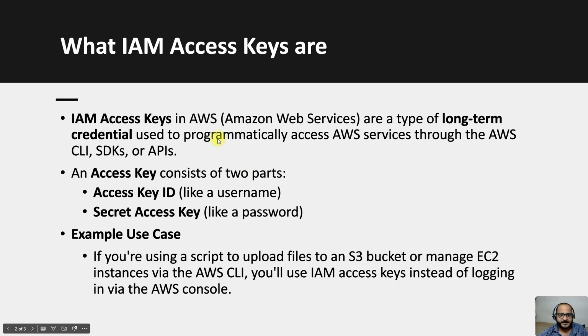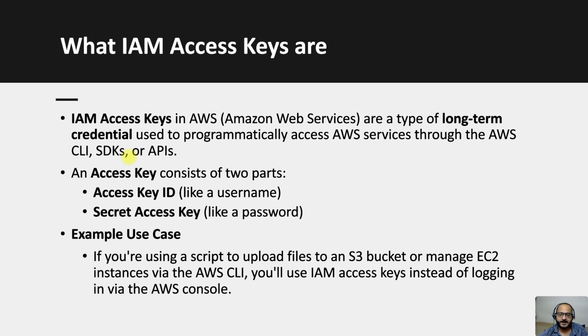So IAM access keys in AWS are a type of long-term credentials used to programmatically access AWS services through the AWS CLI, SDKs or APIs. SDKs are software development kits. So suppose you are building any application from your local and you want to access maybe S3 service or anything, maybe you want to connect to a database.